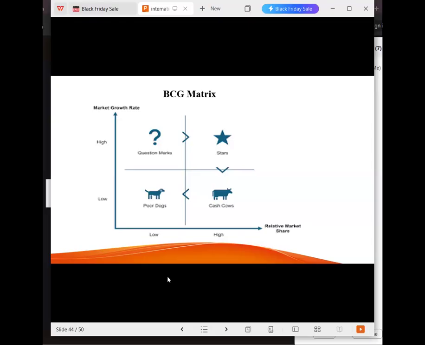Let me put it another way: if you have like 10 markets in a particular district and you're only selling your product in 3 out of 10, that means your product is accessible and known in 3 out of 10.